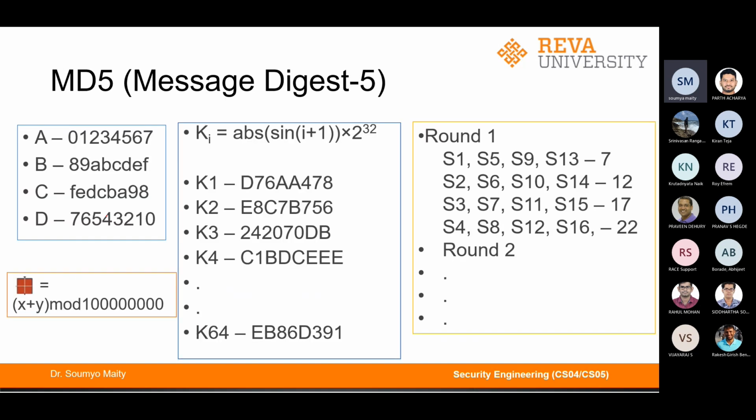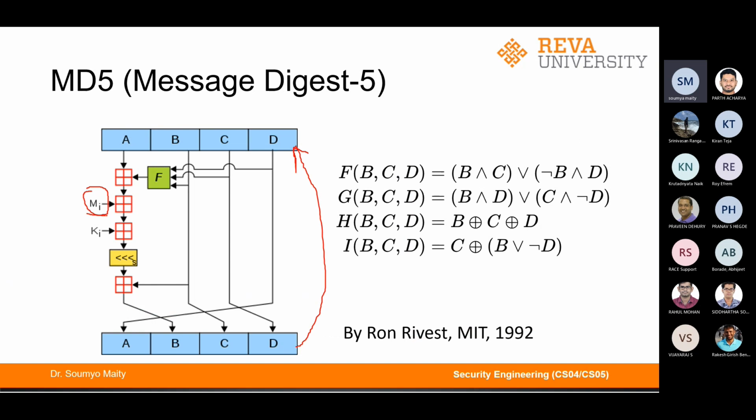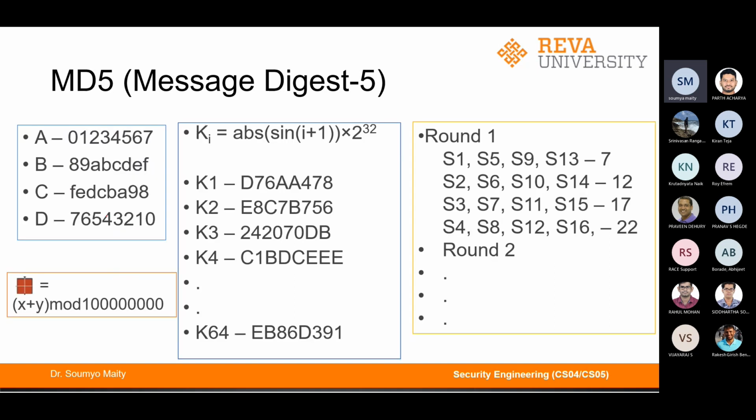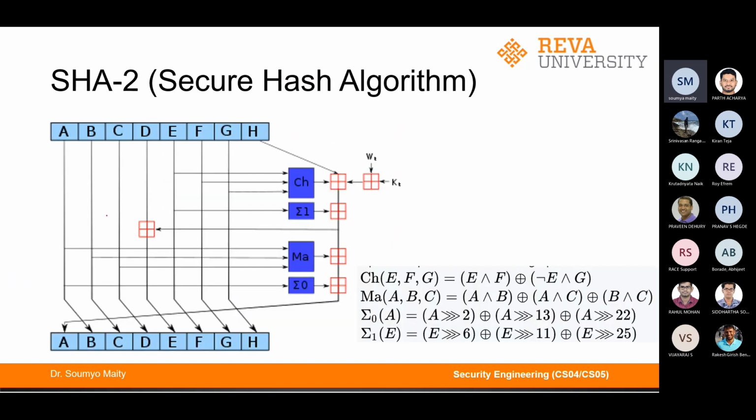But MD5, even though it is now deprecated, NIST is constantly telling that please do not use MD5. But still, believe me, more than half of the websites, web applications, are still using MD5. In fact, many of the Linux distributions are still using MD5 because that is so popular.